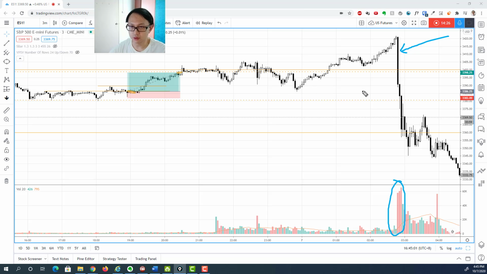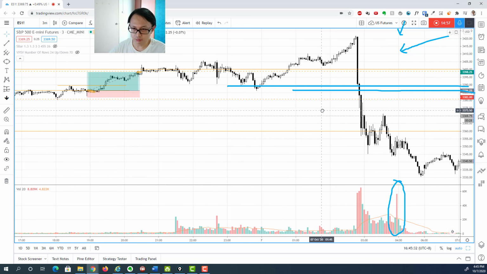So I don't think I will be able to catch that move even after the candle just show up, because of the bearish candle or this kind of the huge candle, it's a bit hard to catch unless you dive into a smaller time frame like 1 minute charts or even seconds chart or using tick chart. So I believe that the last 2 hours is a bit hard to catch, despite that it's very profitable.